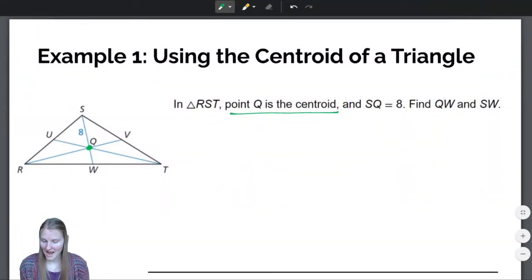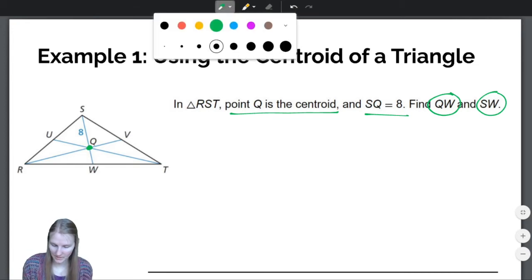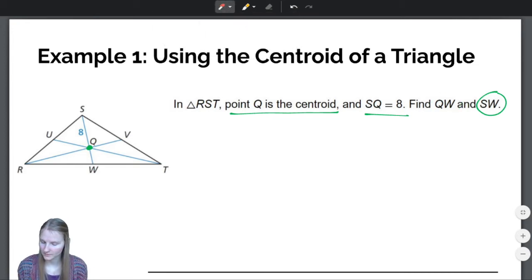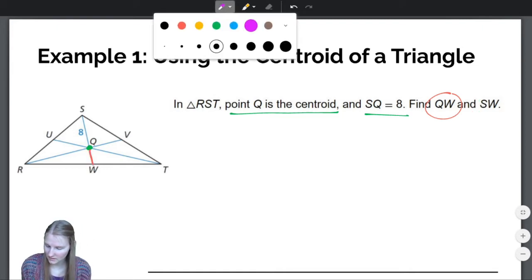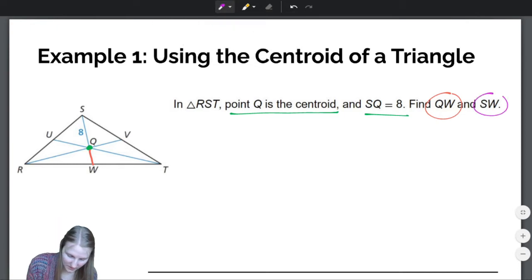So, SQ is 8, and they gave that to us. Find QW and SW. Okay, so let me color code. I'm a color coder. QW is this chunk, and SW is the whole segment.